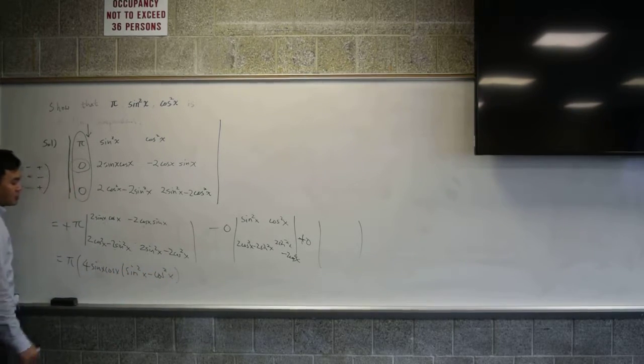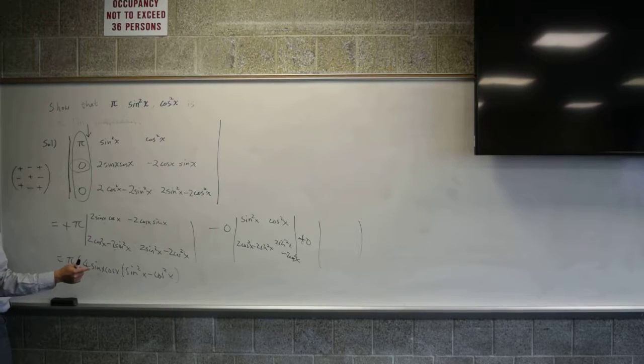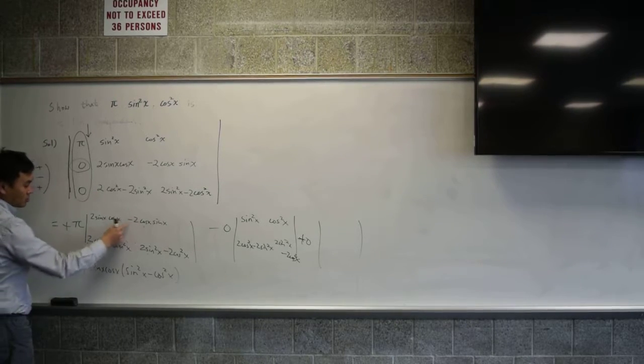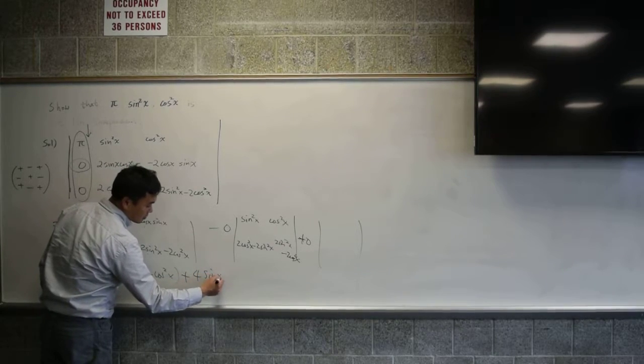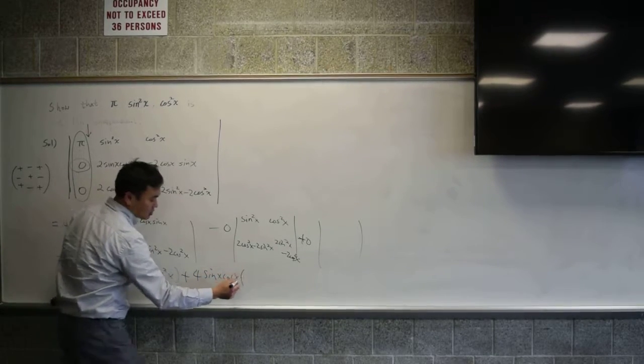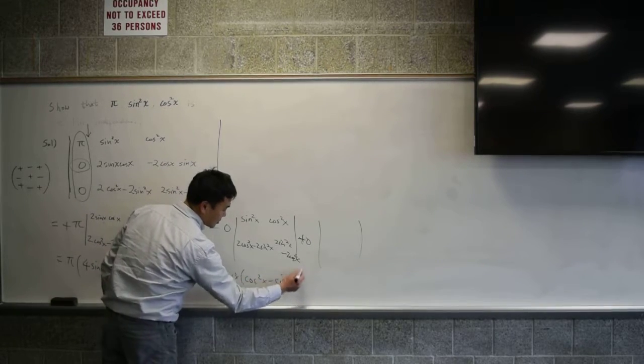And over here, because I'm subtracting, minus becomes plus, and 2 and 2, so it's plus 4 sine x cosine x, cosine squared of x minus sine squared of x.